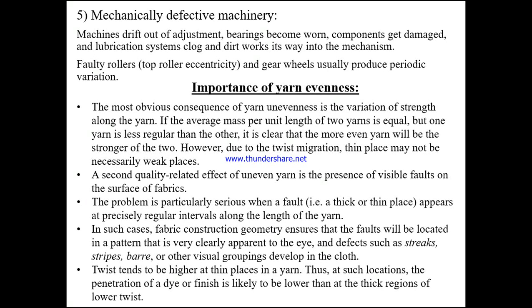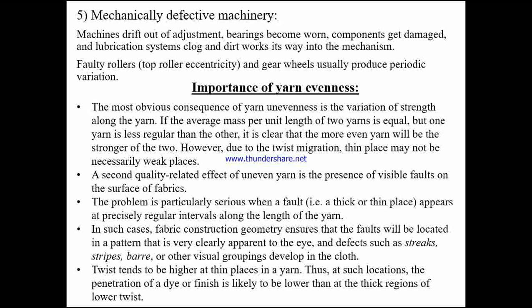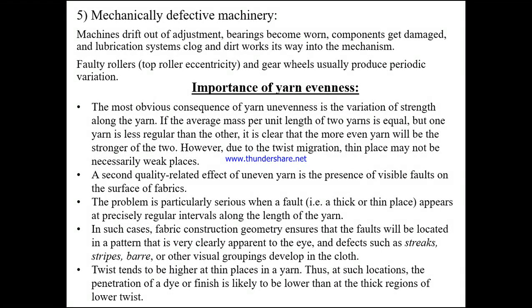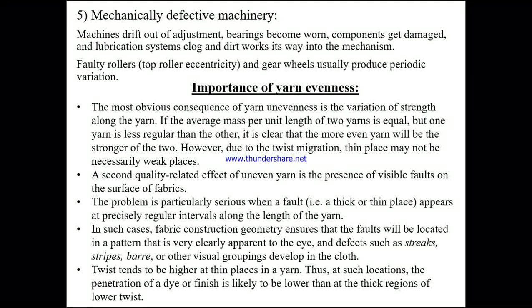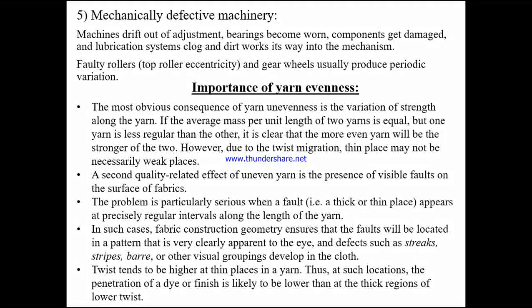Now next point, point 5, mechanically defective machinery. Sometimes machine parts are defective. The machine drifts out of adjustment, bearings become worn, components get damaged, the lubrication system is clogged, and dirt works its way into the mechanism.